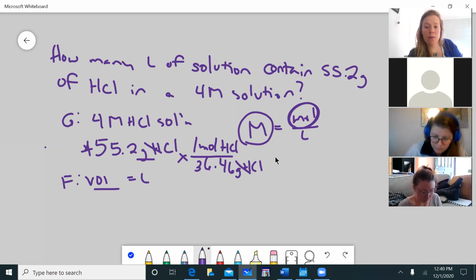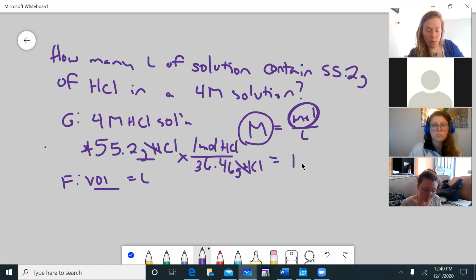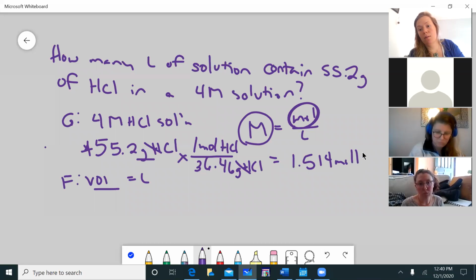So that will get us out of grams of HCl, and we'll figure out our moles of HCl. 55.2 divided by the 36.46. And we end up with a mole value of 1.514 moles of HCl.